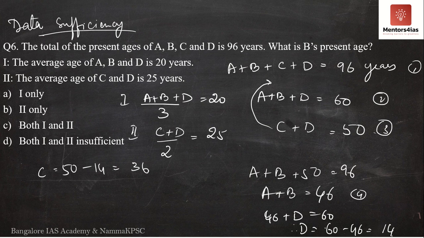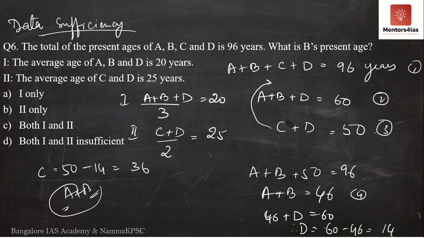However, from this it is not possible for us to determine the age of B. We are able to determine the sum of A and B, but only B or only A is not possible from the information contained over here. You can try whatever relation you want. This is the limit.